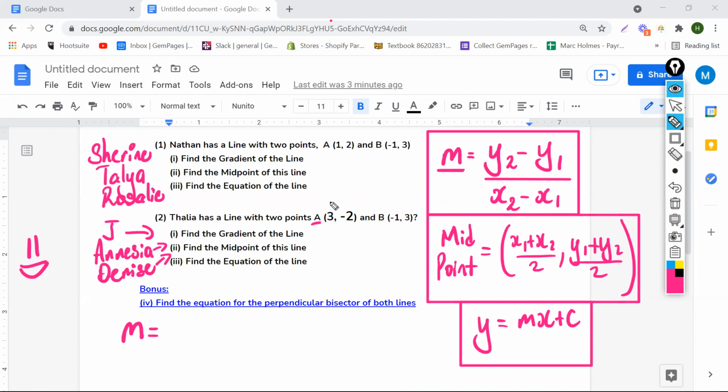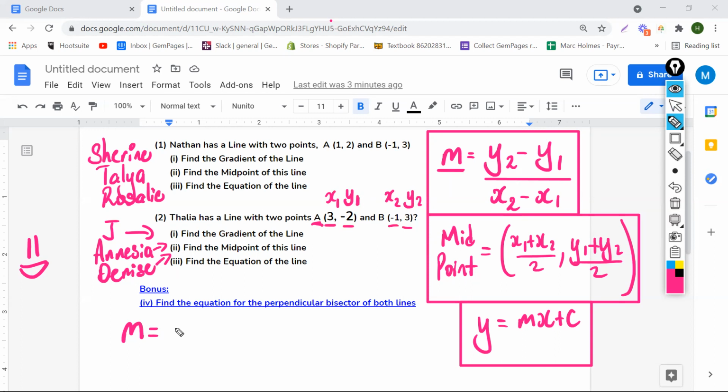Remember, guys, the first point, that's what I tend to use as A. So the first point I usually use for x1 and y1, and the second point I use as x2 and y2. I suggest you guys always do that as well. So this is x1, this is y1, this is x2, and this is y2.